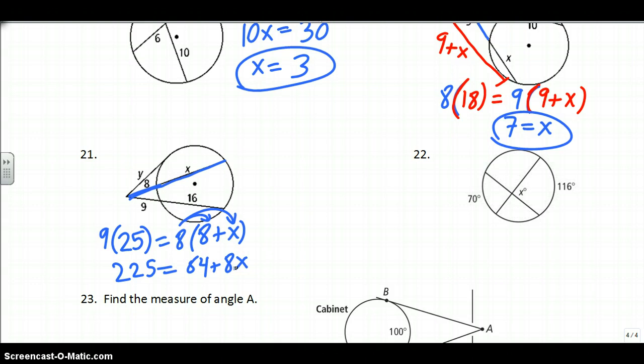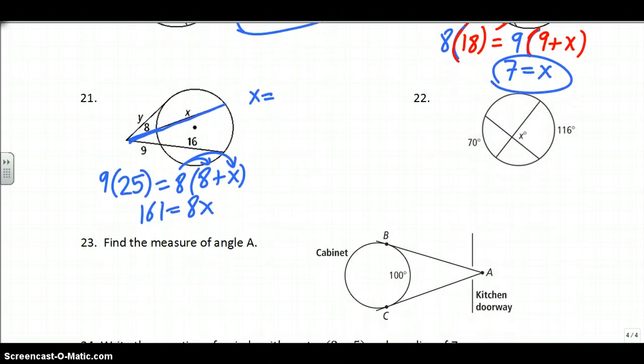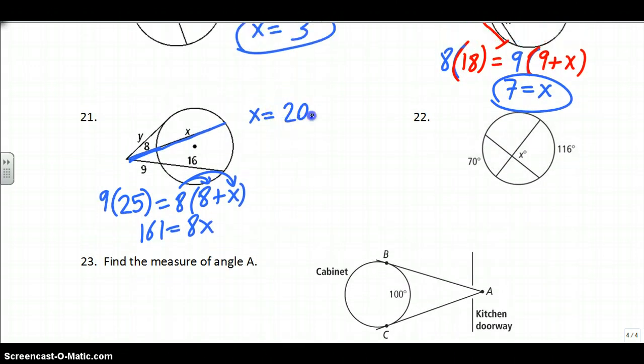Subtract 64, you get 161 equals 8x, and then you divide by 8, and you get 20 point, did it say to round anything? No, I don't think so. It'll probably say like round to the nearest tenth or something. You should get, anyway, 20.125 is x.